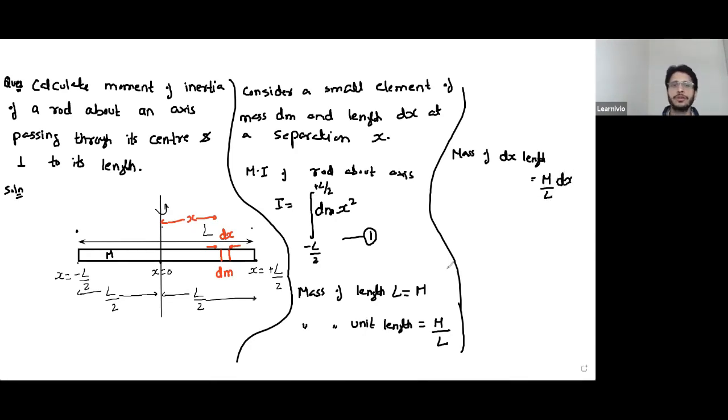I'm just using the unitary method. For unit length, it's m by L, so for dx length, I multiply it with dx. And this is what we call dm. So this is your dm, equation number 2.